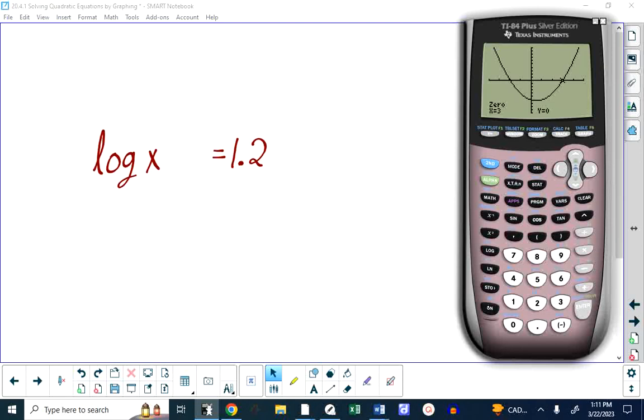So maybe x is 3. Log 3. No. Maybe x is 20. Ooh, close. There's some value of x that makes that true. So you can solve this without even knowing what this log key does by doing the following.